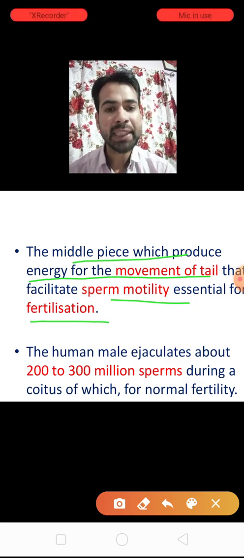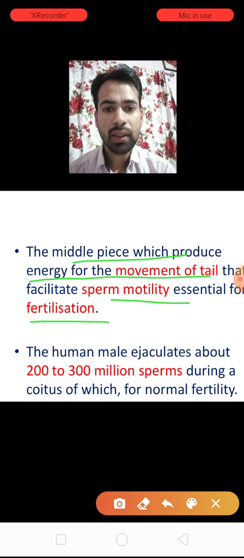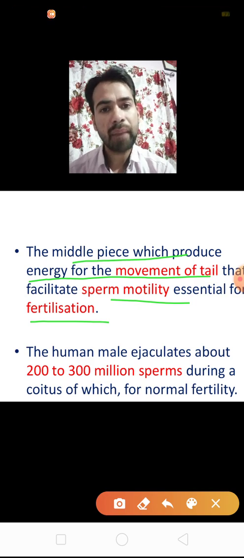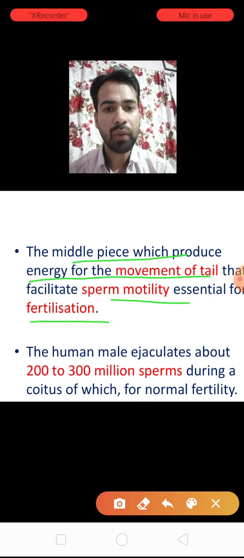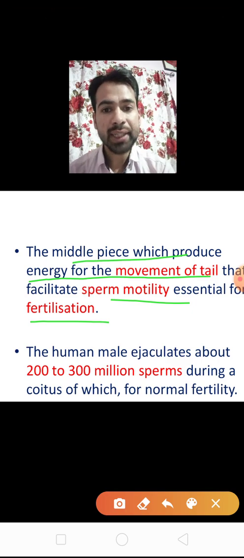Now children, one question for you. Why does the middle piece provide the energy to the sperm? Because the middle piece has the mitochondria, and the mitochondria provide energy. The function of mitochondria is to provide energy.